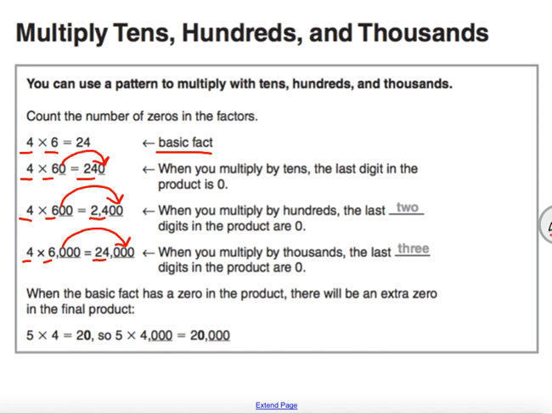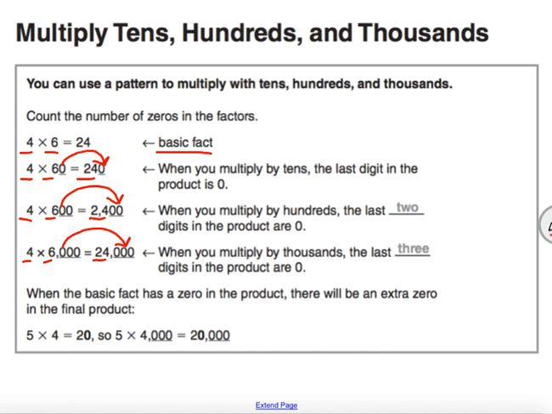When the basic fact has a 0 in the product, there will be an extra 0 in the final product. We will talk about this a little further. Okay, 5 times 4 equals 20.